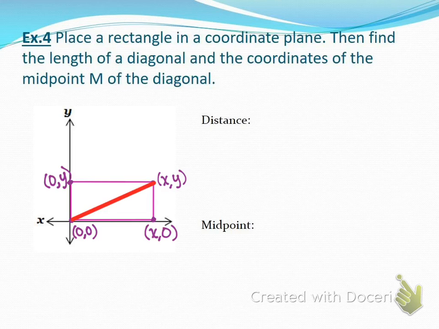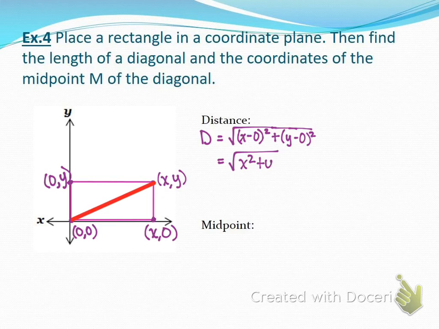All right, when we used those points, what did we plug into our distance formula? Okay, x minus 0 squared plus y minus 0 squared. So when we simplify this, what do we end up with under our radical?